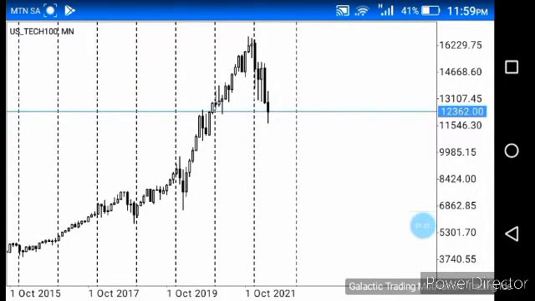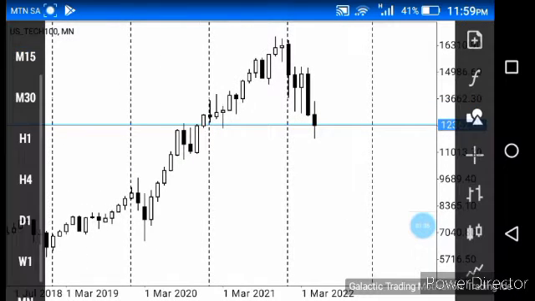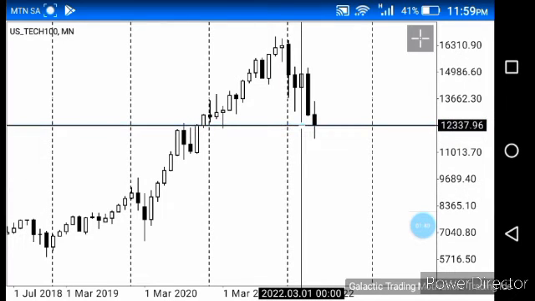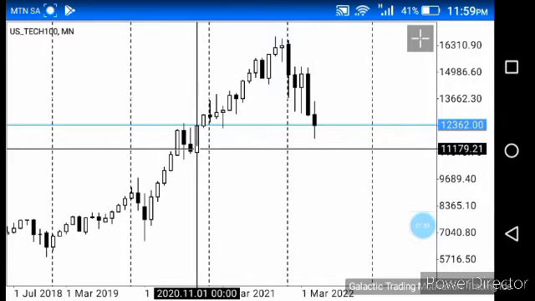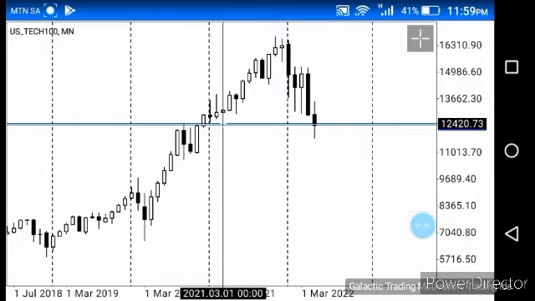So let's continue. What else can we tell by just looking at this particular monthly chart? Let me just make it slightly bigger. Another thing that I can see is that we had this area over here, which was a very strong area of support. As price got to this point, it went down, then it broke the area in this region, making this area a resistance.